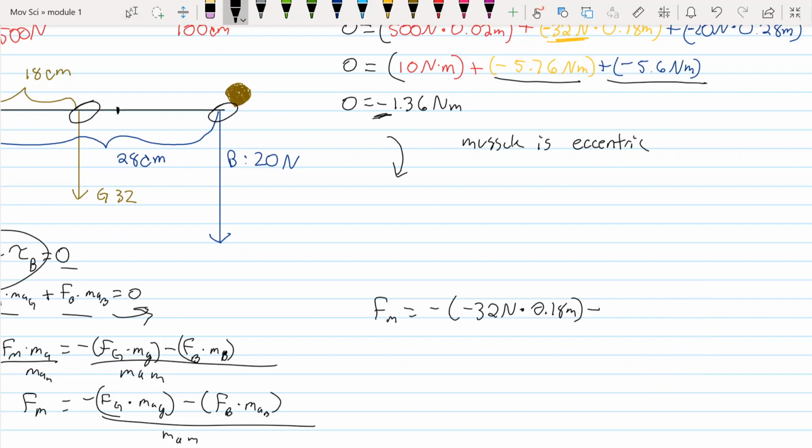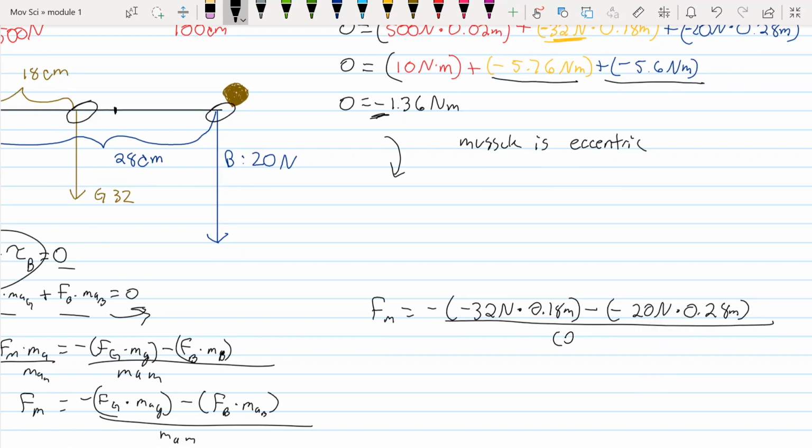And then we've got a minus a negative 20 newtons times 0.28 meters, all over a positive 0.02 meters.